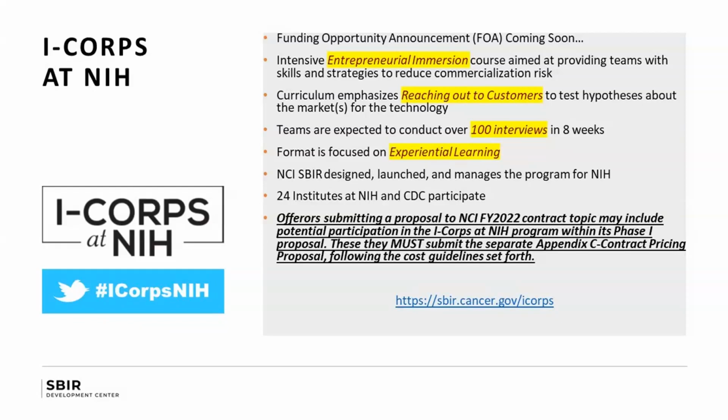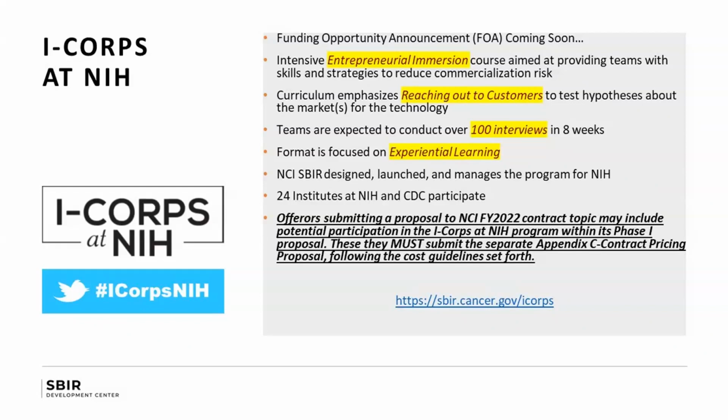The curriculum was first developed for NSF, and we at NIH have further tailored it for the needs of the life science and biotech industry. The I-Corps at NIH program is designed to complement activities within the scope of a Phase 1 award.